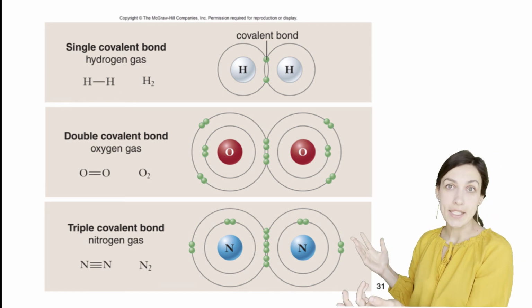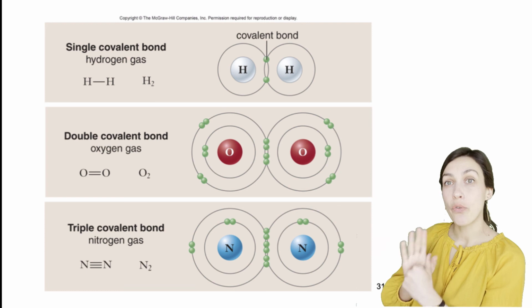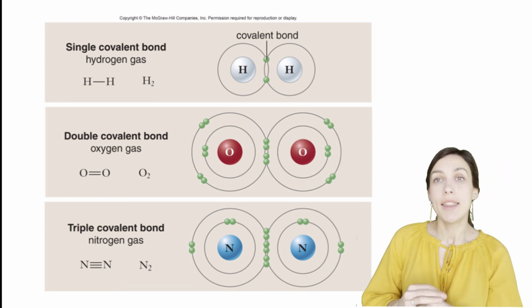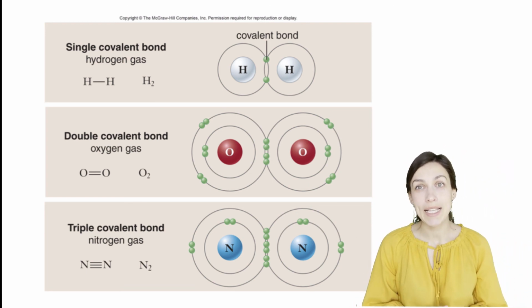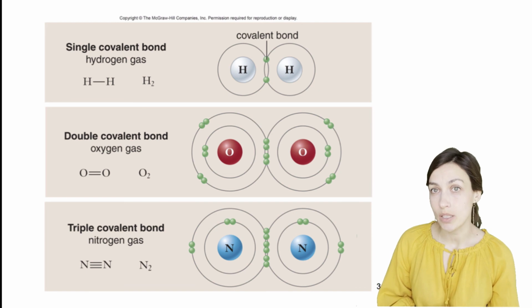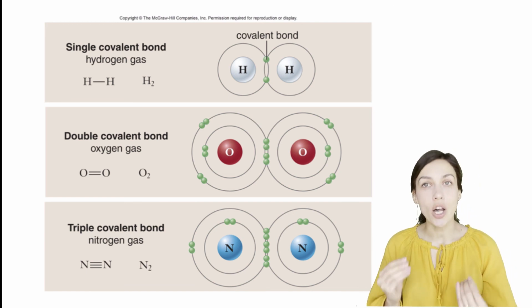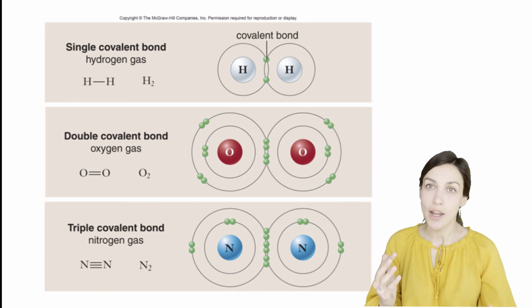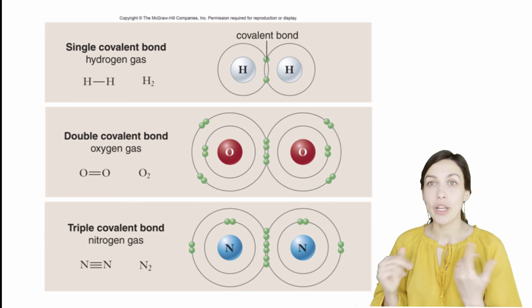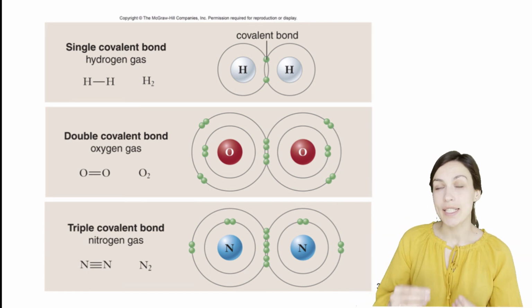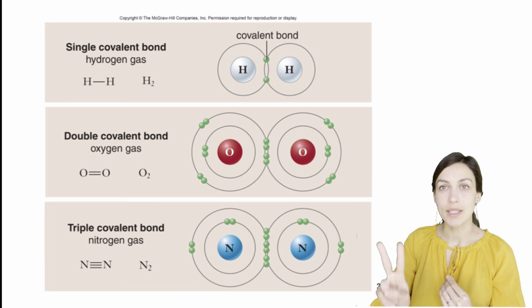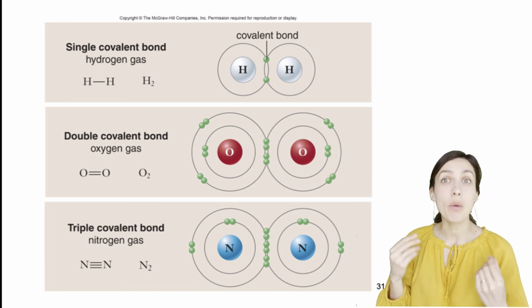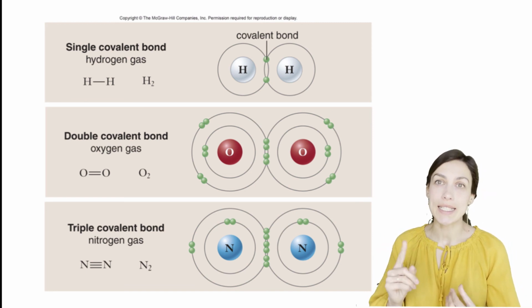They each have 8. Because 4 electrons are shared, this molecule has a double covalent bond. And in fact, yes, the oxygen that we breathe that's in the air right now is all floating around in pairs as molecular oxygen, because they're much, much more stable than a single oxygen atom.